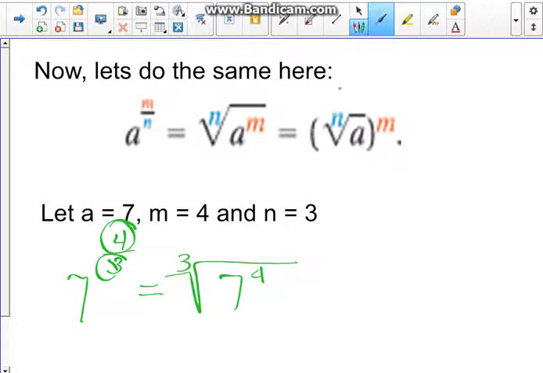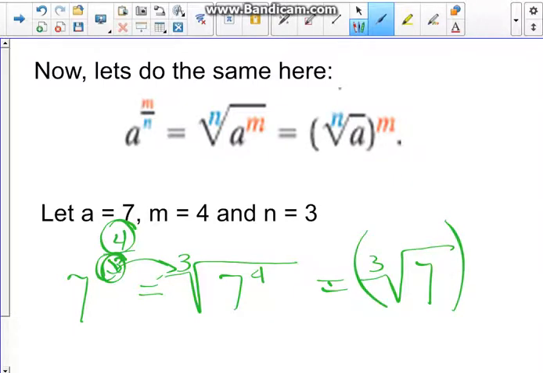That's the root, or the index, right? And so this is what we get. And we can now also say that this is true: the cubic root of 7 to the 4th power. These are the same. All three of these are the same.